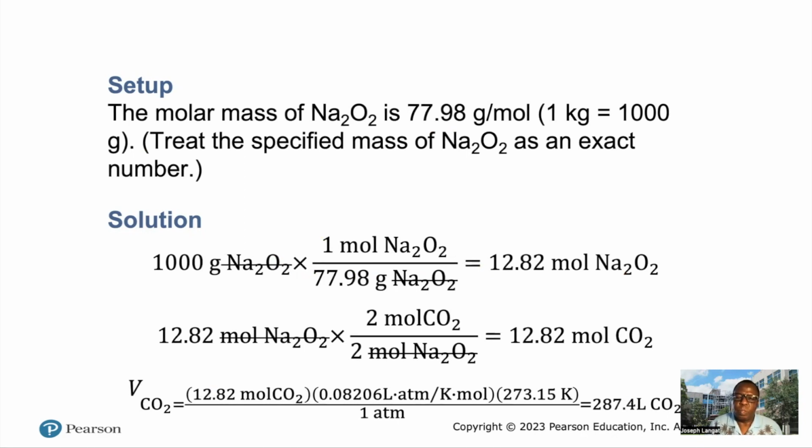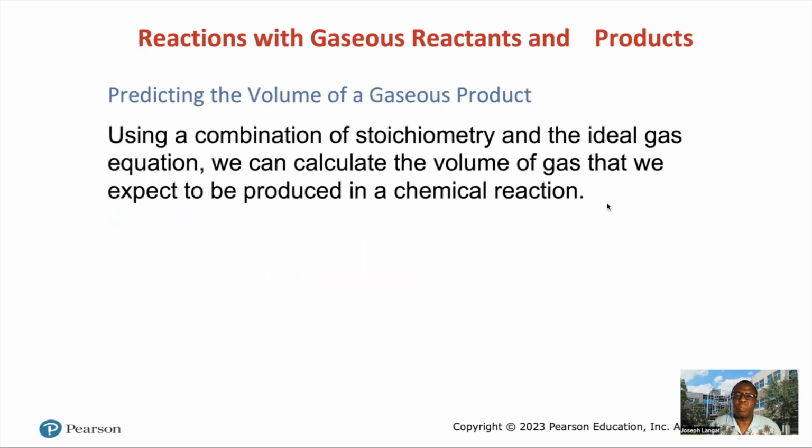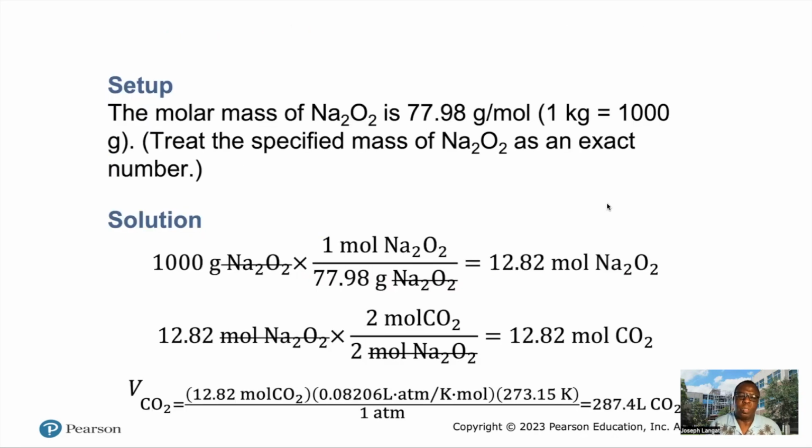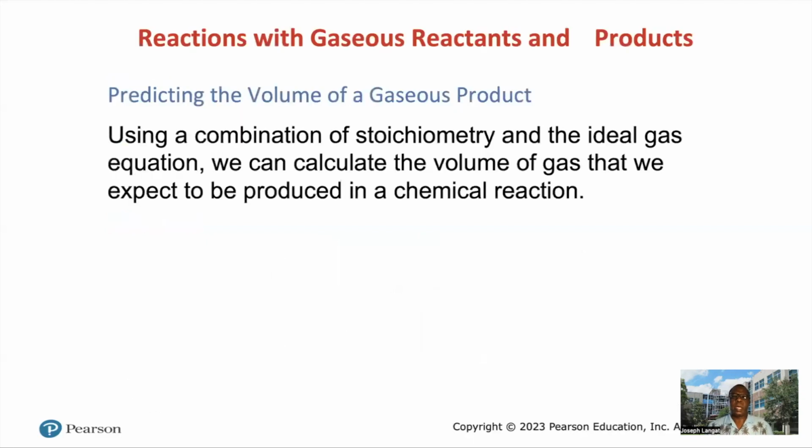The volume is then given by the ideal gas equation, PV = nRT: this is n, this is the universal gas constant, over the pressure. That's how you use the ideal gas equation.